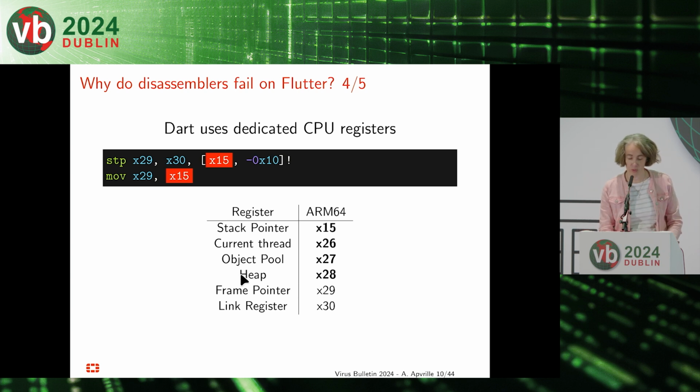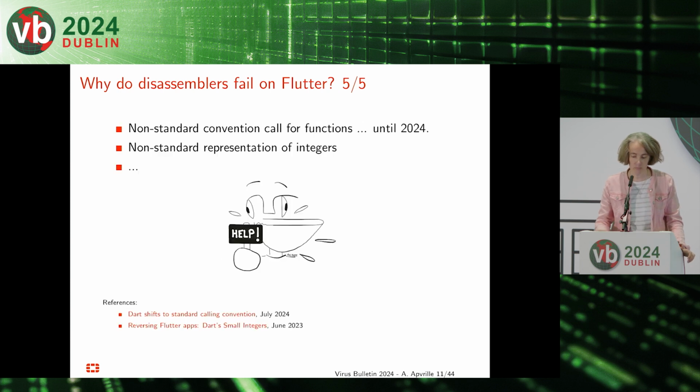So it's really important to know what those registers are doing. Another very important register for Flutter is this one, the object pool x27. Of course, the registers are per platform. It's going to be different registers for ARM32 and for x86, for instance. And finally, there are plenty of things which are non-standard on Flutter, and which are going to cause issues to disassemblers, like the representation of integers.